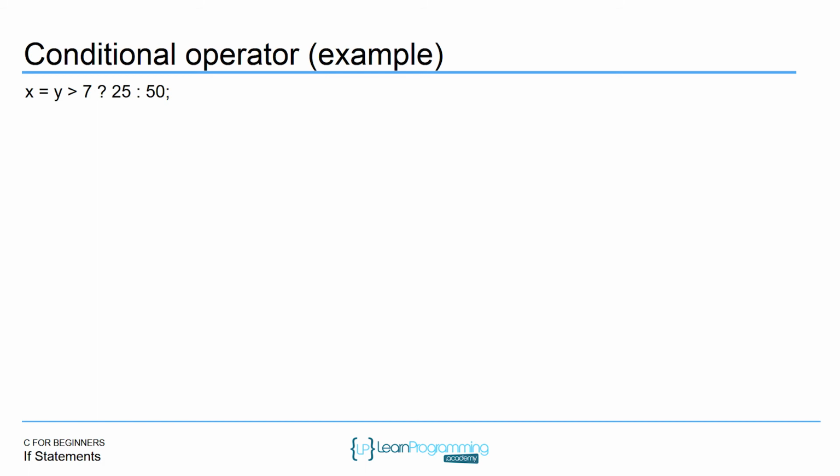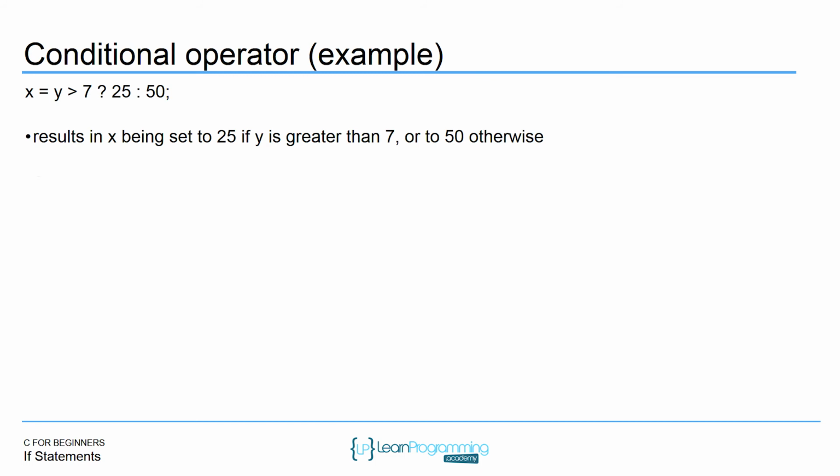Otherwise, it's going to set x to 50. So it's a little confusing to read at first. What this results in is x being set to 25 if y is greater than 7, or to 50 otherwise. So it's an easy way to do an assignment.